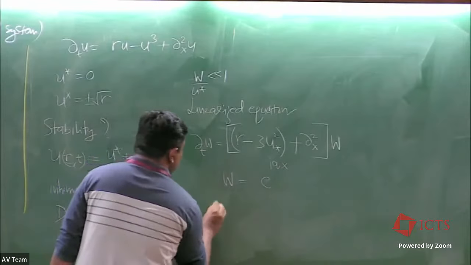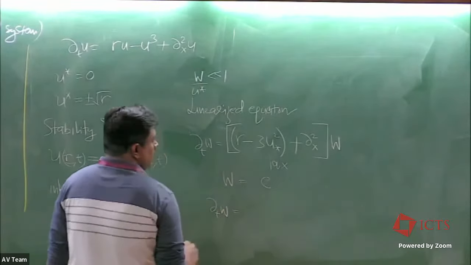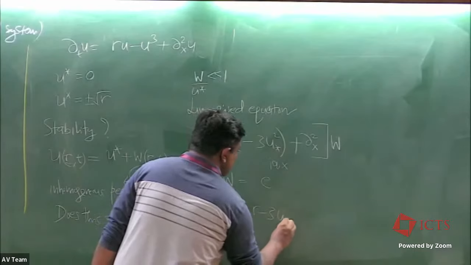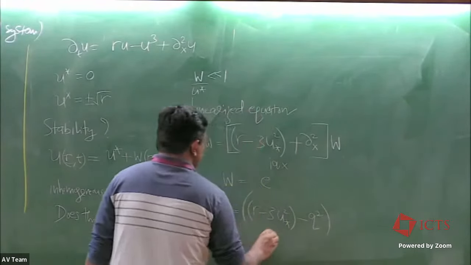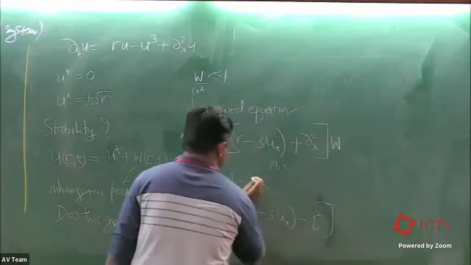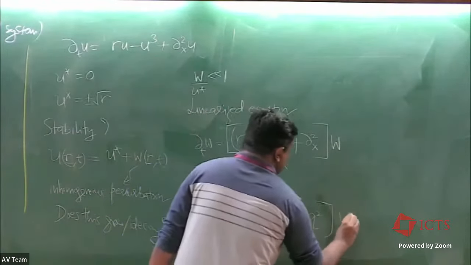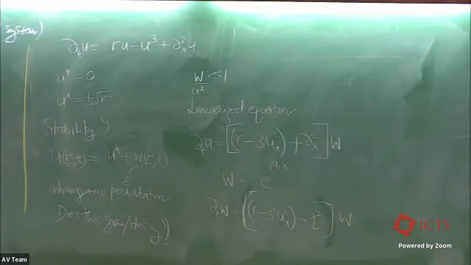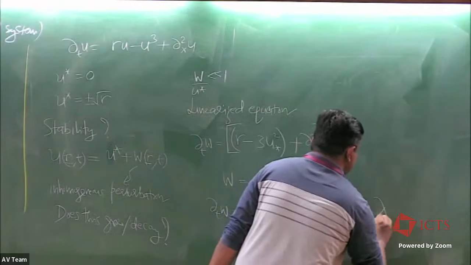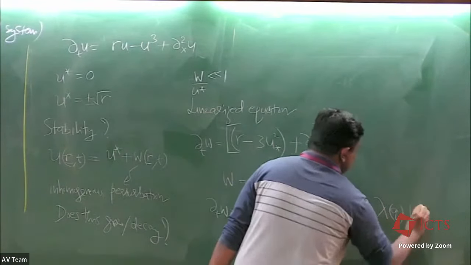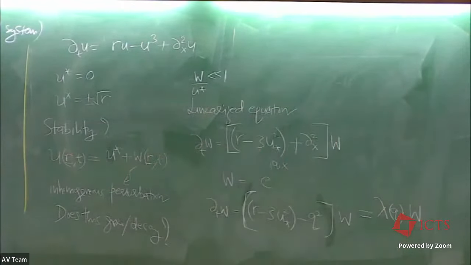And so therefore you will get dtw as basically r minus 3 u star squared minus q squared acting on w. So which you can identify as the growth rate lambda acting on w. The growth rate now, rather than being a number for a one variable ODE, is a function of the wave number of the perturbation q.